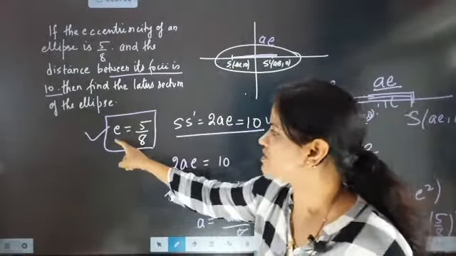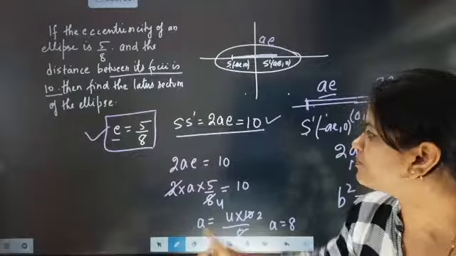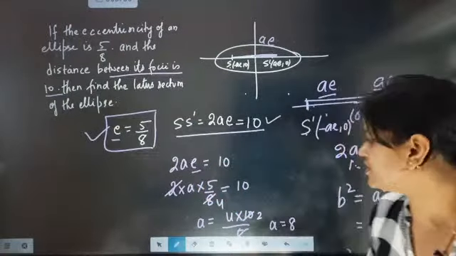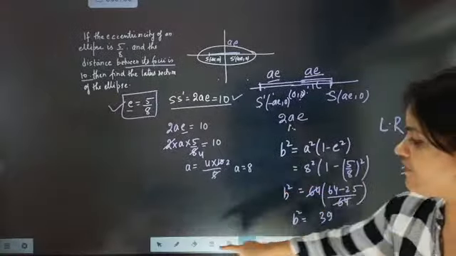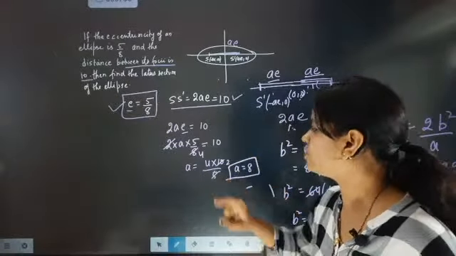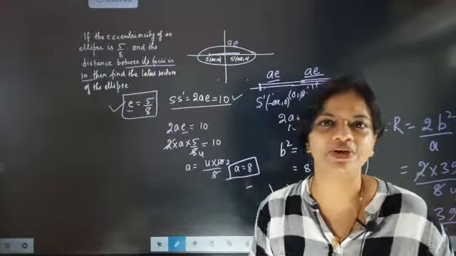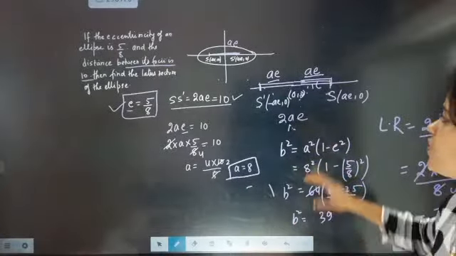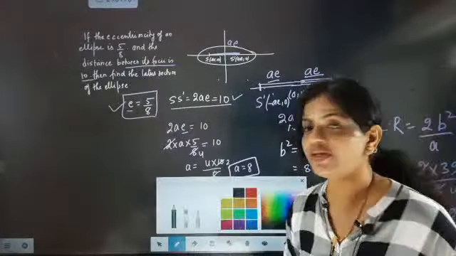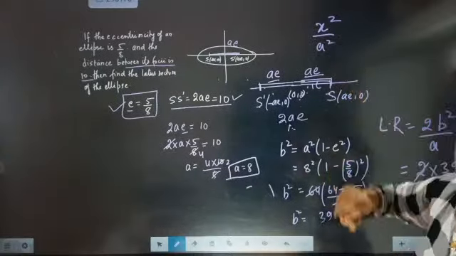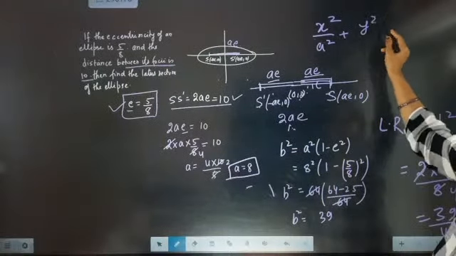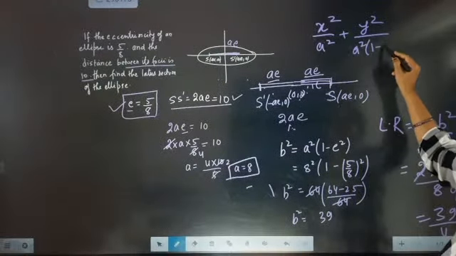Now what I have done is, the eccentricity value they have given, so I substituted the eccentricity value. After substituting it, I got the A value. Once I got the A value, after that I have to get B square. So now what is B square? We know that when we were doing the ellipse derivation, at that time we wrote the equation x square by A square plus y square by A square (1 minus E square).